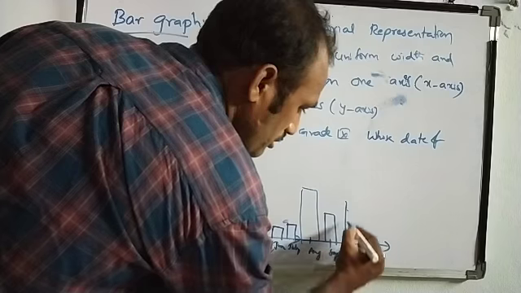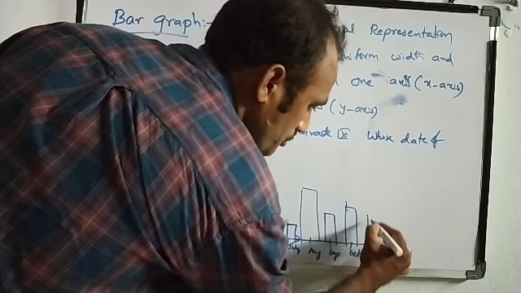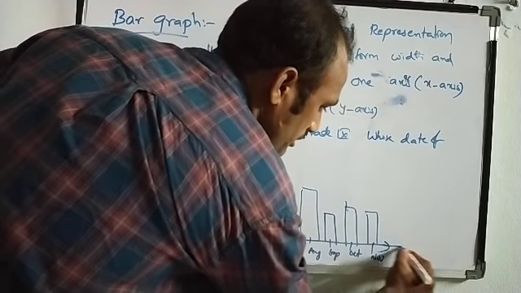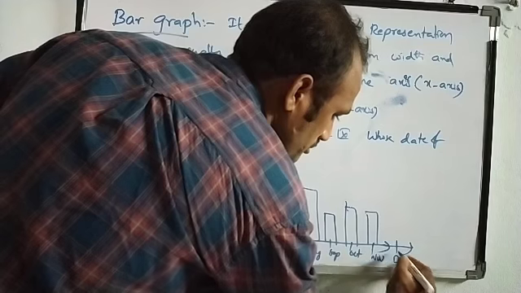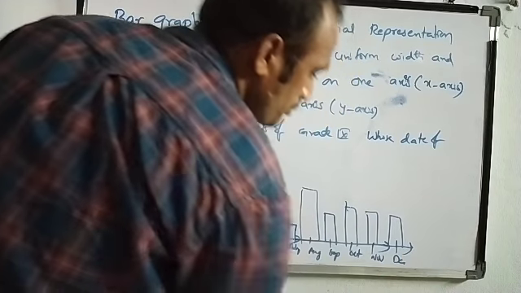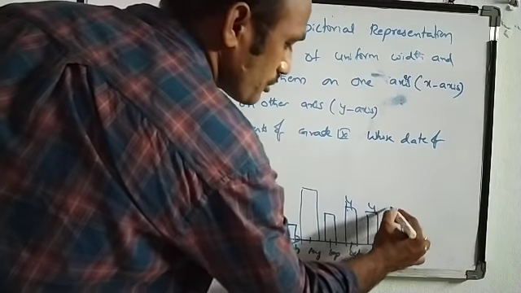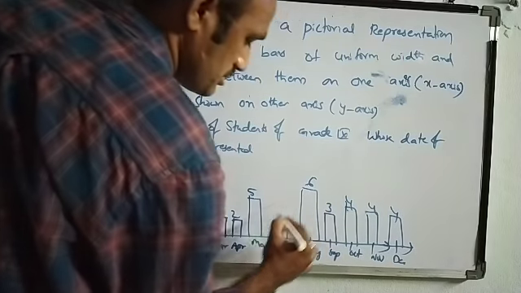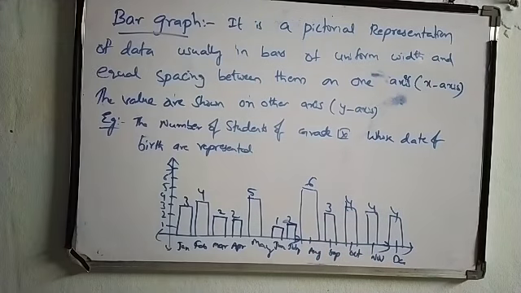In October, 4 units. November also 4 units. And in December also 4. So for 4 students, here 4, 4, 4, 3, and here 6. Here 1, here 2. So this is the data which is given in the question.